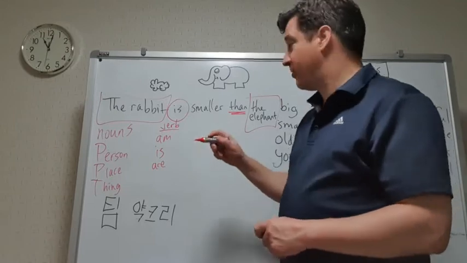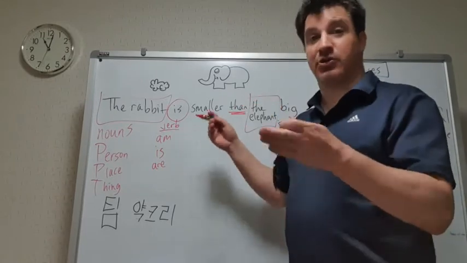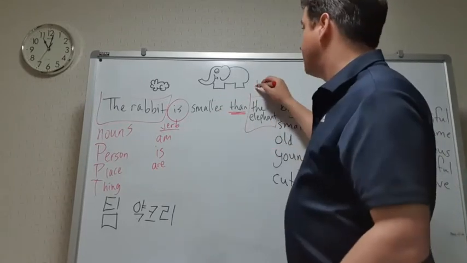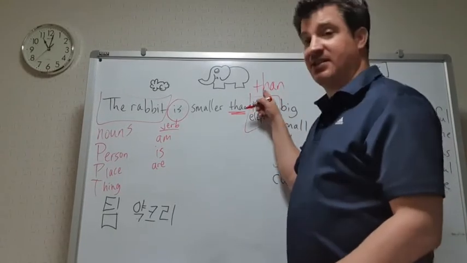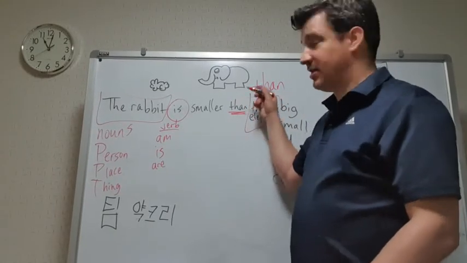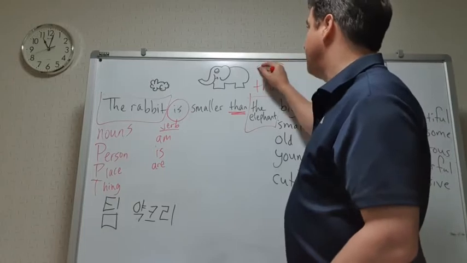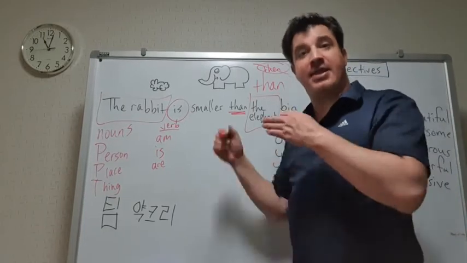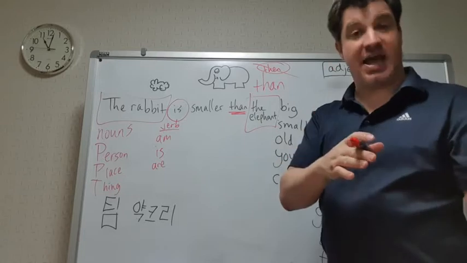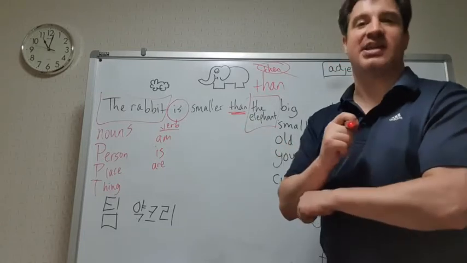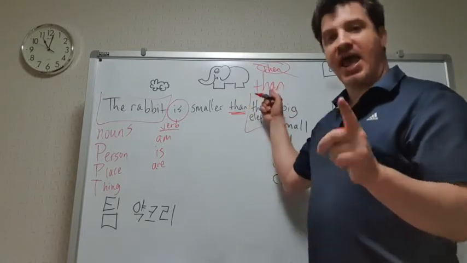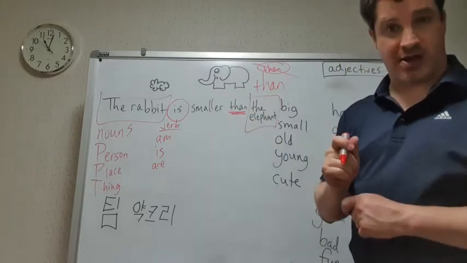If you are comparing things, than means to compare, okay? And remember, it has an A, T-H-A-N. T-H-E-N is wrong. Then means next. T-H-E-N is not what you want. T-H-A-N, than, to compare. Okay?